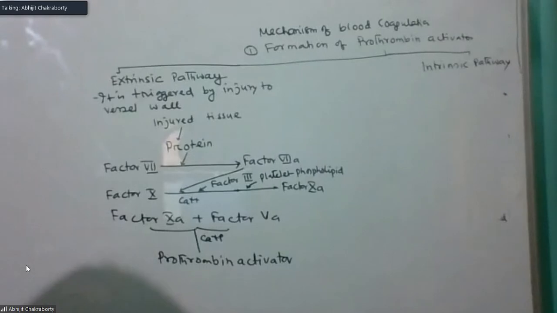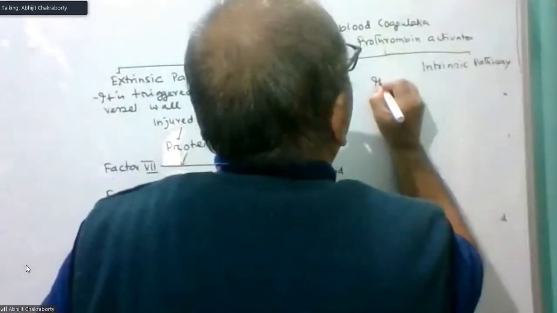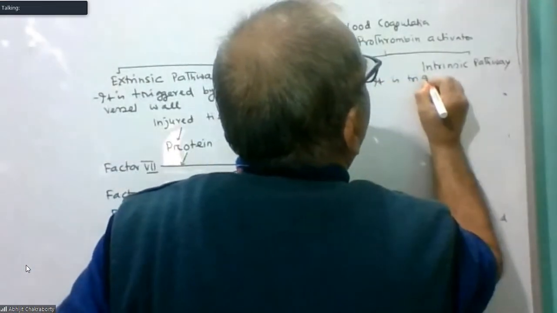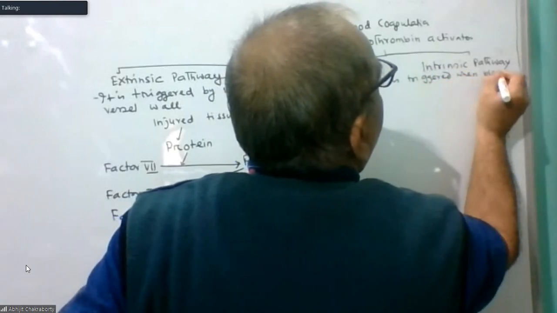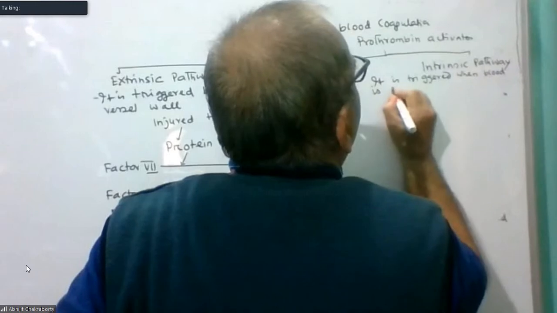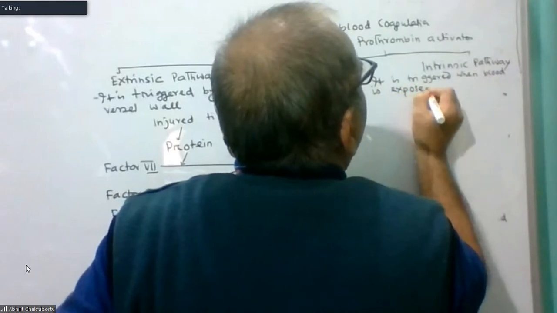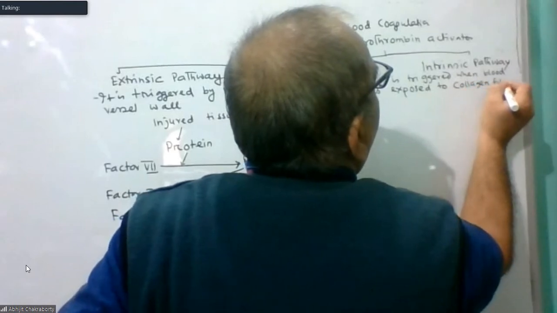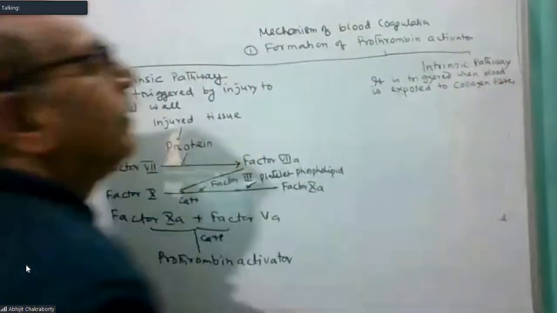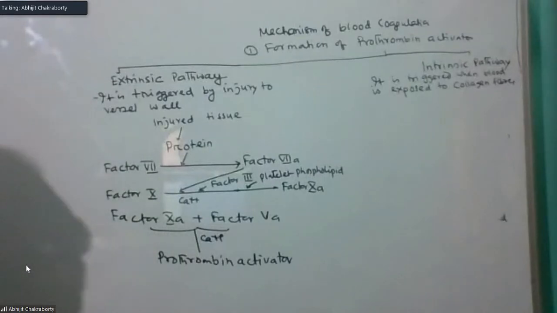The intrinsic pathway is triggered when blood is exposed to collagen fibers of the ruptured endothelium of a blood vessel.